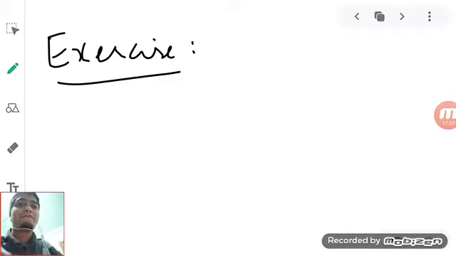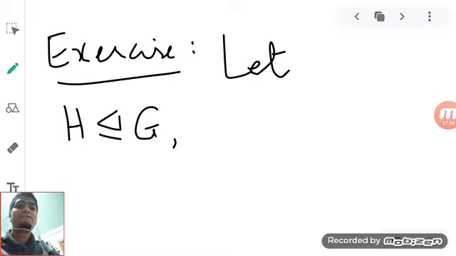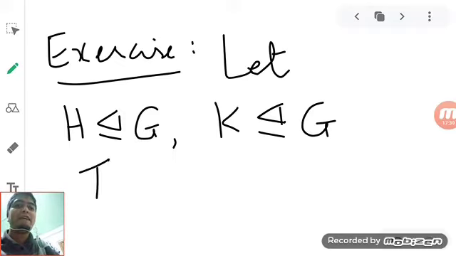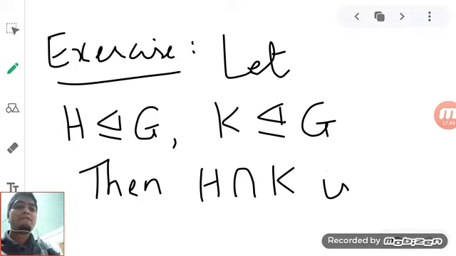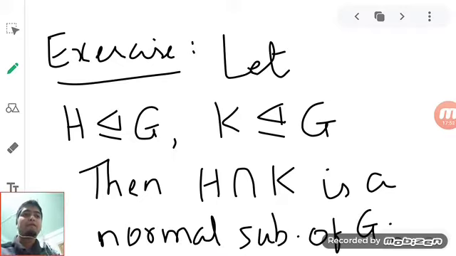The exercise is this: let H be a normal subgroup of G, let K also be a normal subgroup of G, then H intersection K is a normal subgroup of G. So we need to prove that the intersection of two normal subgroups is again a normal subgroup.